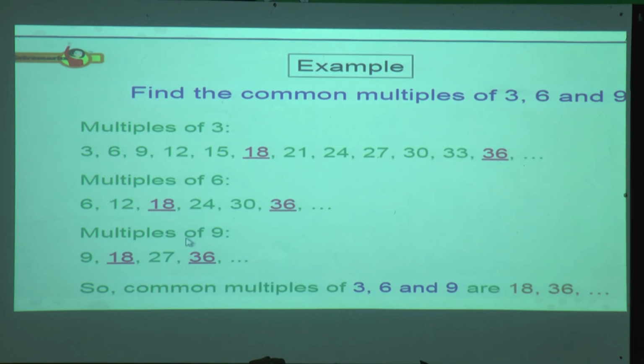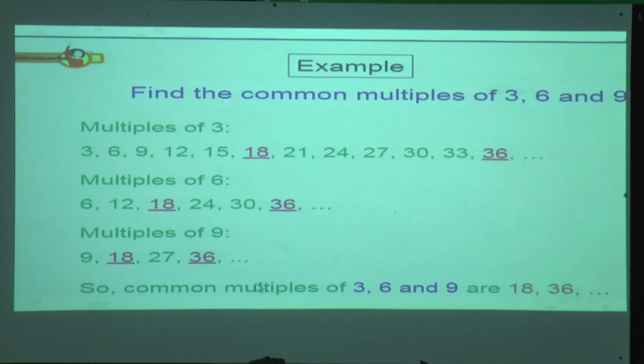Now we will write the multiples of 9. Multiples of 9 are 9, 18, 27, 36 and so on. Whatever multiples are written on the board, we have to find the common multiples of 3, 6 and 9. In the multiples of 3, 6 and 9 we have 18 as common, and then we have 36 as common.